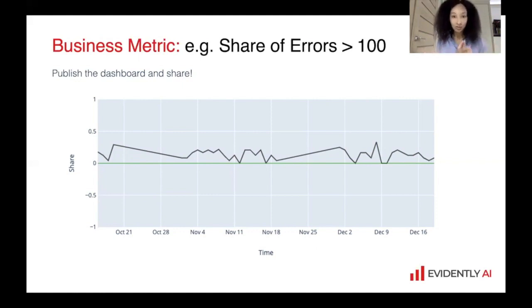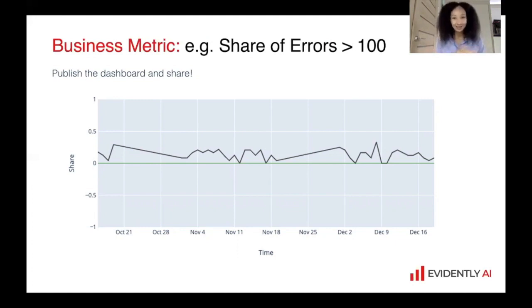I mean, for example, sit together with your manager and discuss what he or she actually expects to have out of your model. And for example, you could figure out that it's good to keep your error lower than 100 bytes in our case, right?